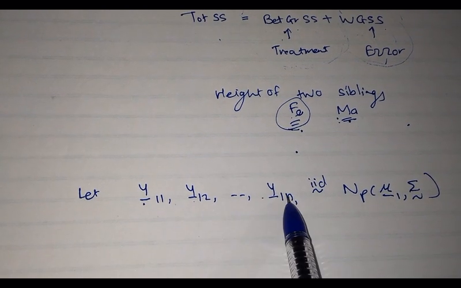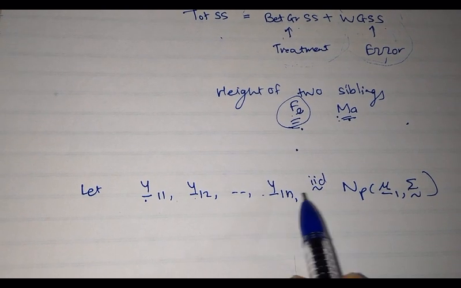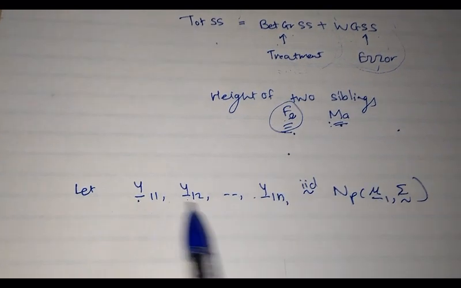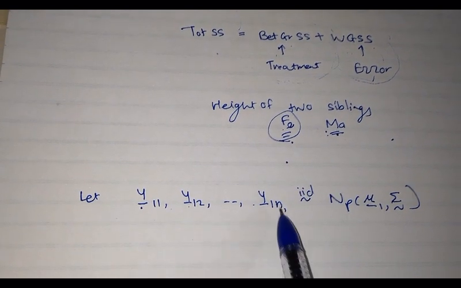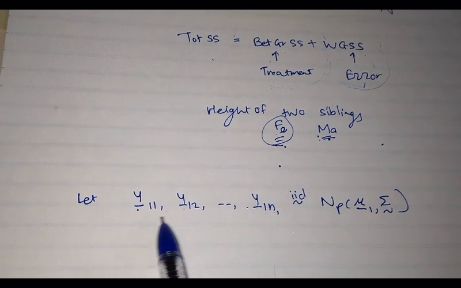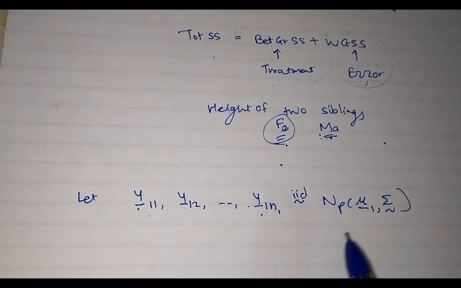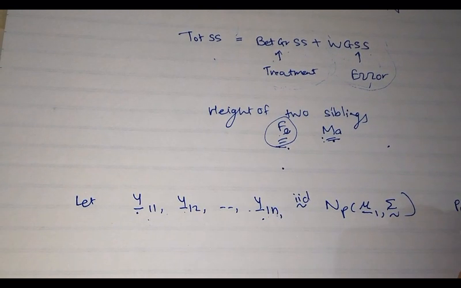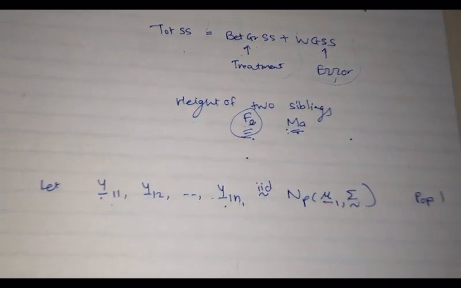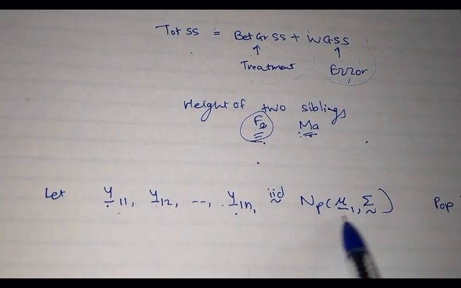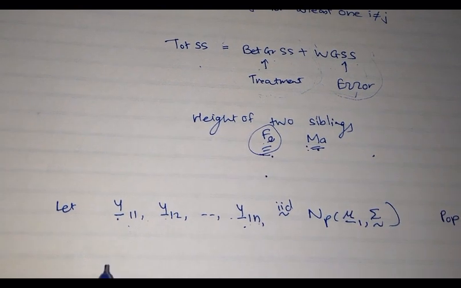So each of these is a p cross 1 vector. So y11, y12, up to y1n1 denote n1 observations coming from the first population. So this is my population 1. My mu1 is also a vector. It is the mean vector of the first population.